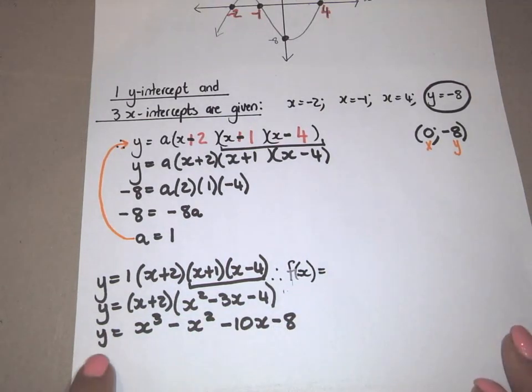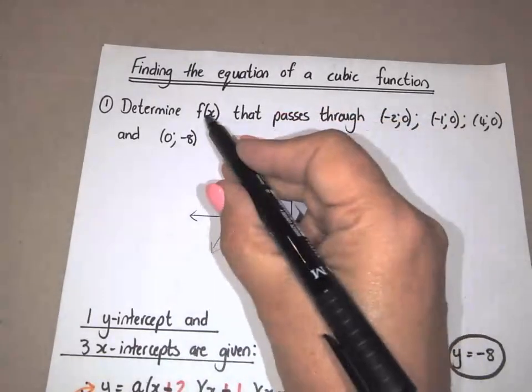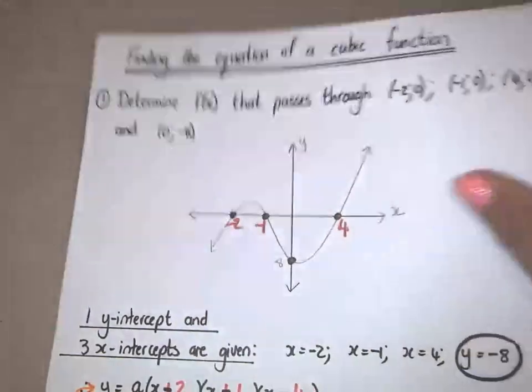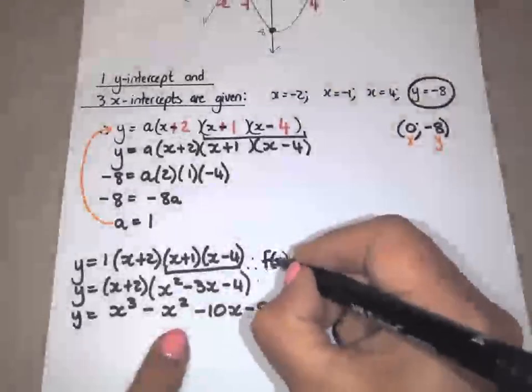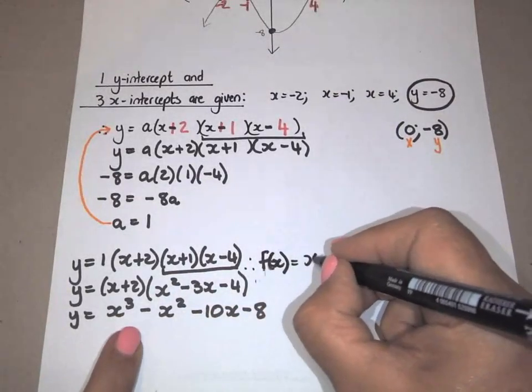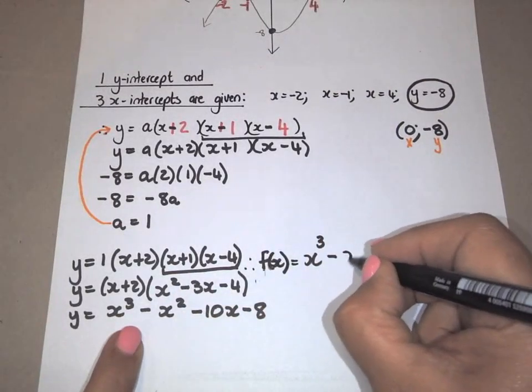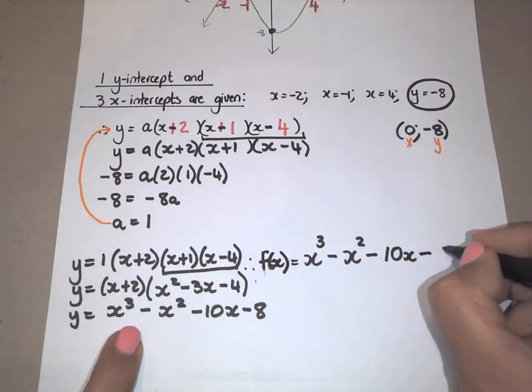But this is in the format y equals this. They want f(x). So we must give this function a name, f(x). So f(x) is x cubed minus x squared minus 10x minus 8.